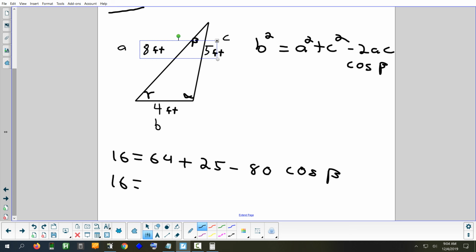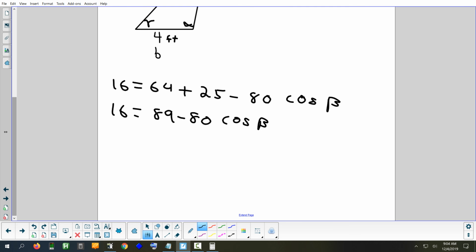What's 64 plus 25? 89. Now remember, you can't do 89 minus 80. This equation is basically like this one. The 80 is multiplied by something you don't know. Those aren't like terms.